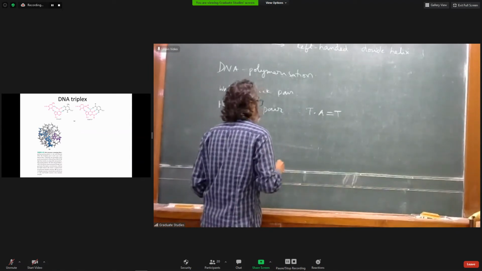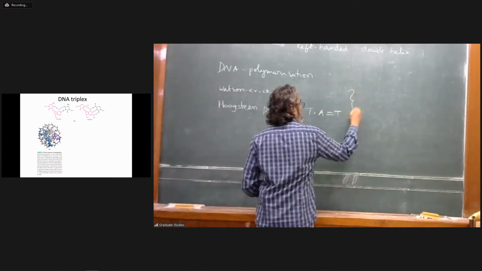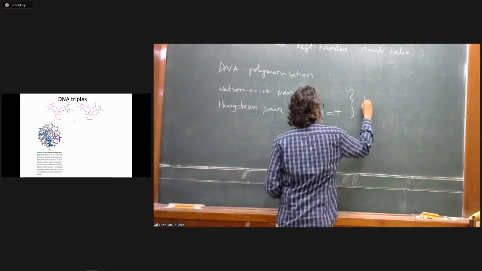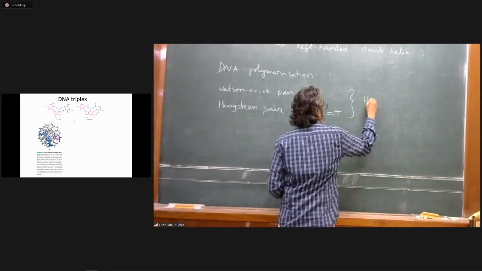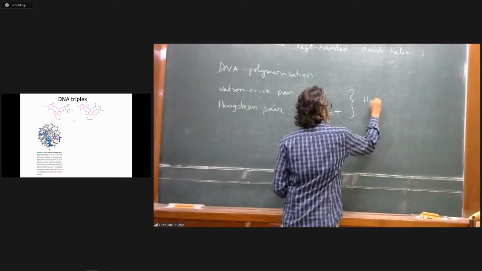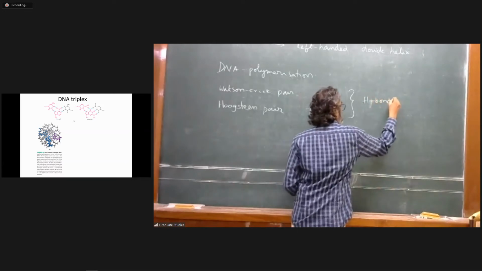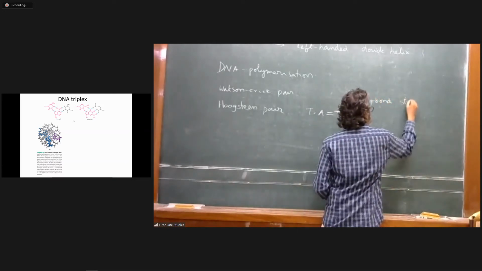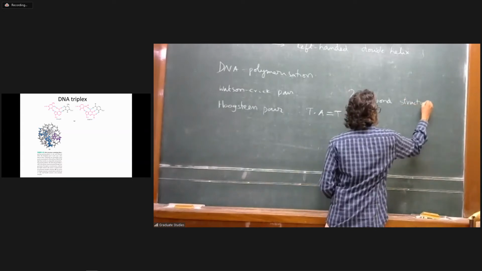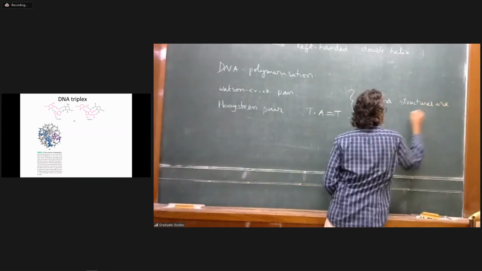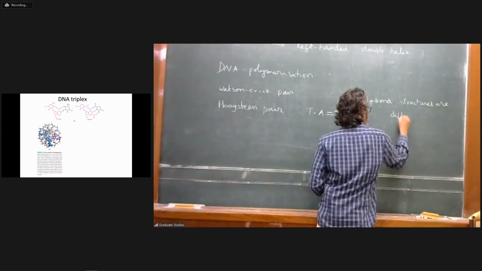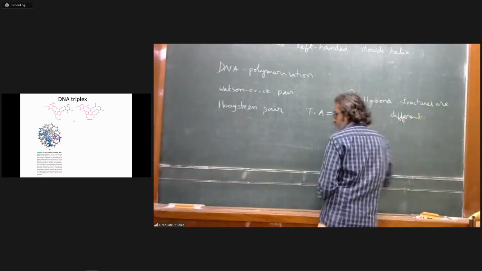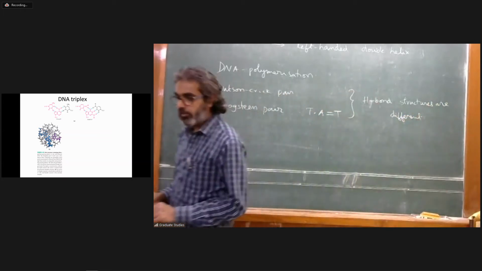Okay, so the hydrogen bonds, the structures are different. Okay, the H bond structures are different. Okay, and of course, the atoms which are involved are also different in some ways.